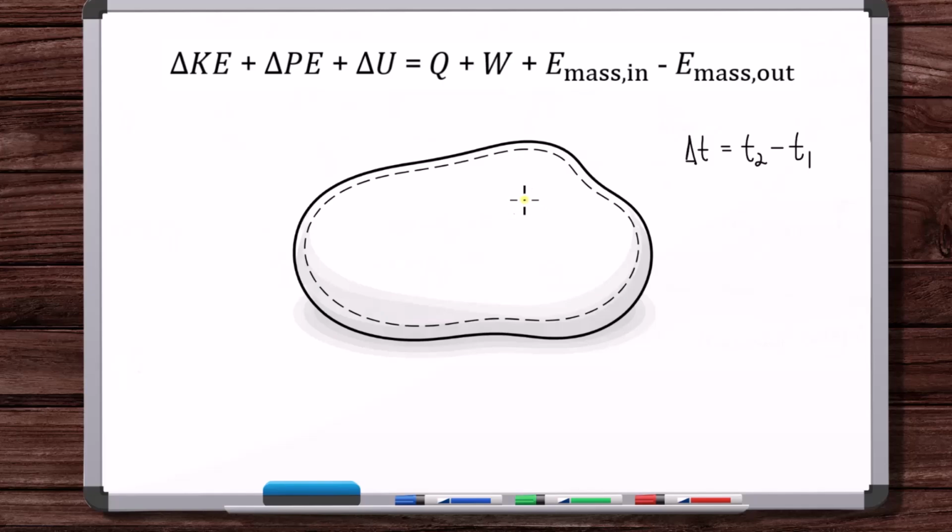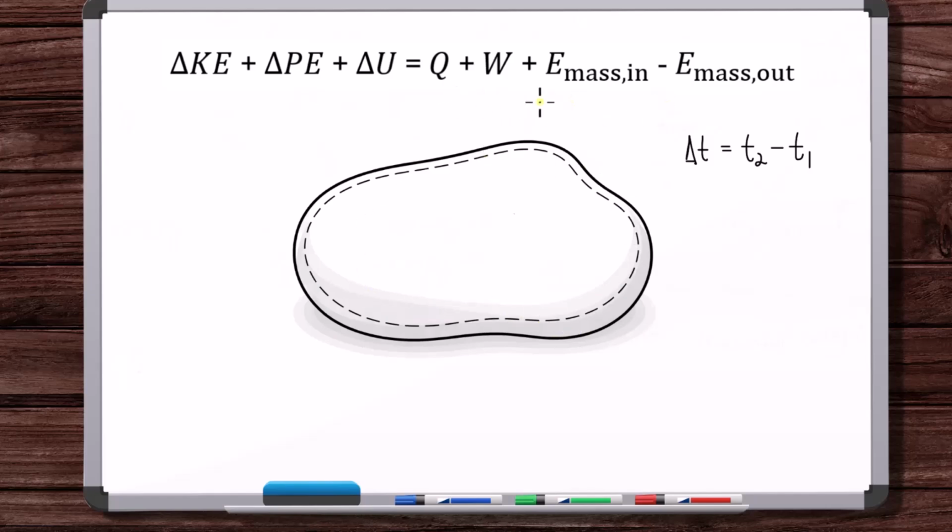And just because over some time delta t, the total amount of energy contained within the system doesn't change, that doesn't mean that there weren't energy transfers taking place during that time delta t. Because it could absolutely be the case that over the time delta t, the amount of energy that was transferred into the control volume was the same amount of energy that was transferred out of the control volume. Okay, and so again, this is the completely general first law. We talked about all the ways that energy can be contained within the system.